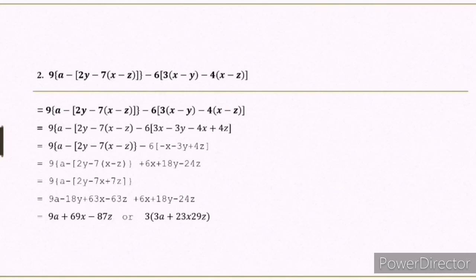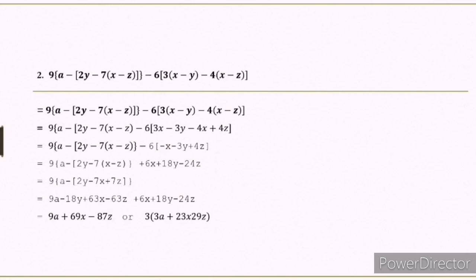The number 2 problem is quantity 9 quantity a minus quantity 2y minus 7 quantity x minus z close quantity negative 6 quantity 3 quantity x minus y quantity negative 4 quantity x minus z close.